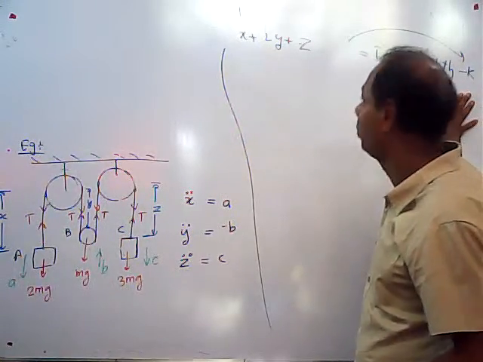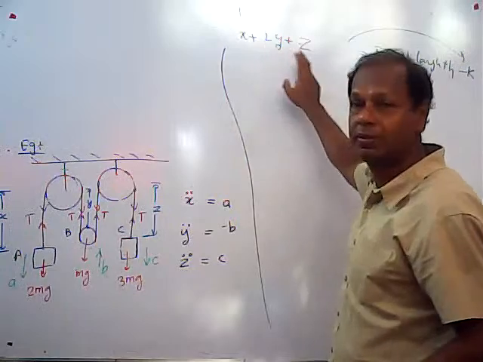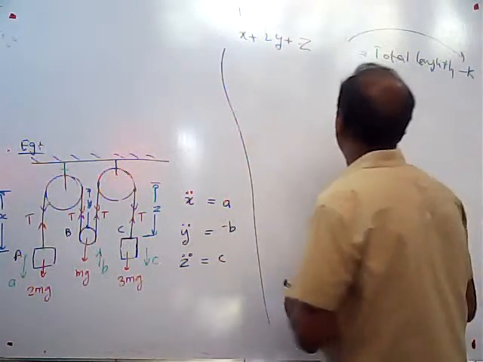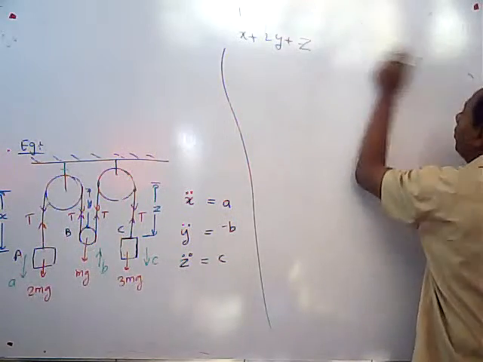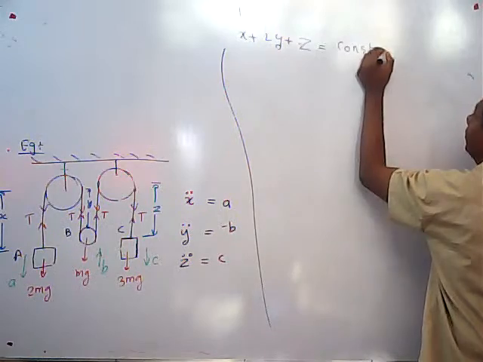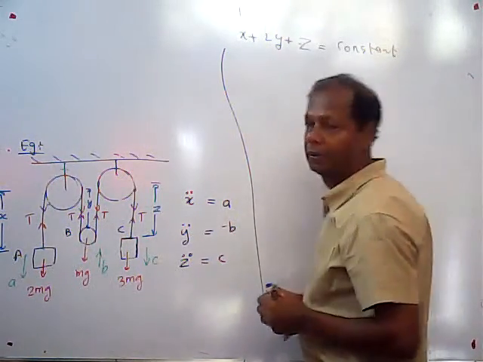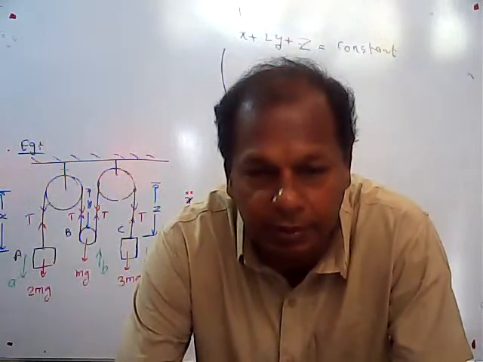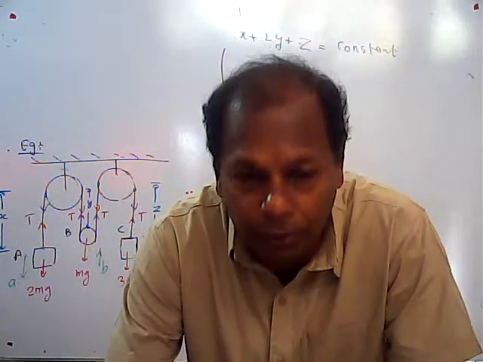So x plus 2y plus z as a whole is a constant, right? Yes, x plus 2y plus z is equal to a constant.